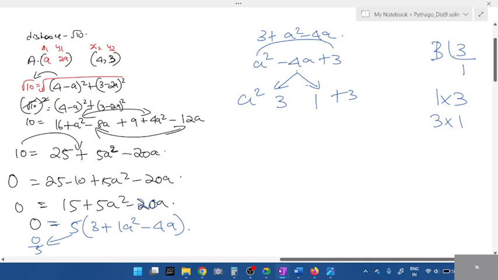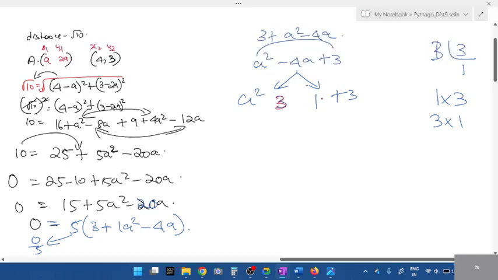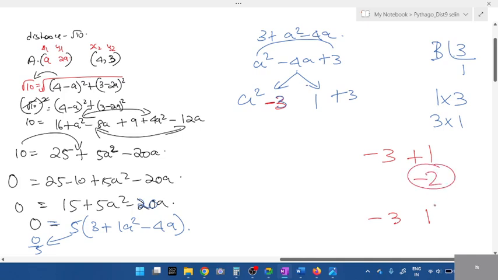Which is greater, 3 or 1? 3. So this minus sign you have to put here. Now what should I put before 1? I'm getting 3 and 1. What should I put before 1 so that the answer is minus 4? If I put plus 1, what are we getting? Minus into plus is minus, you get minus 2, right?